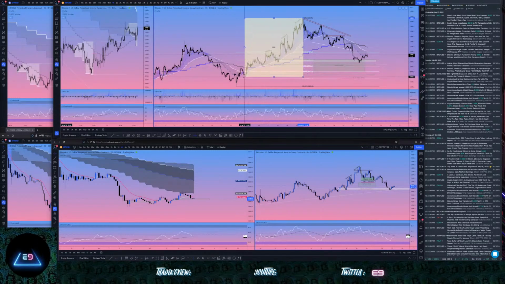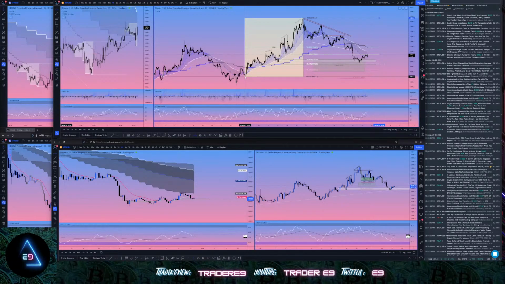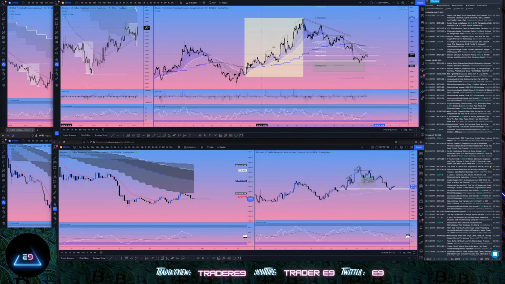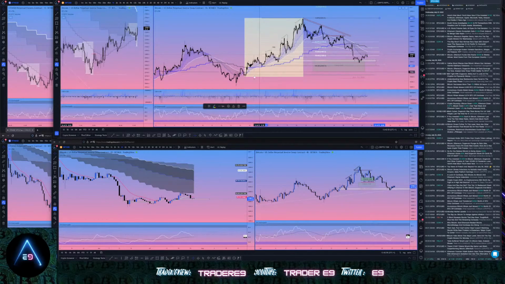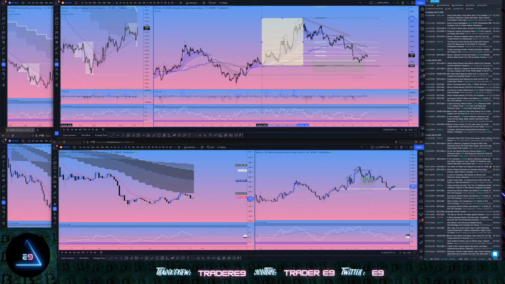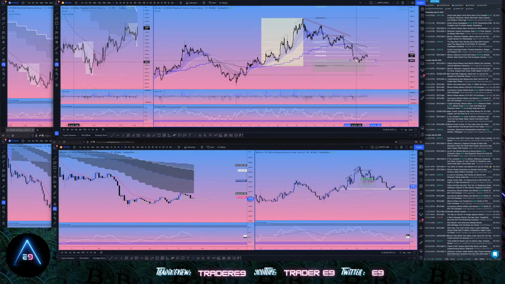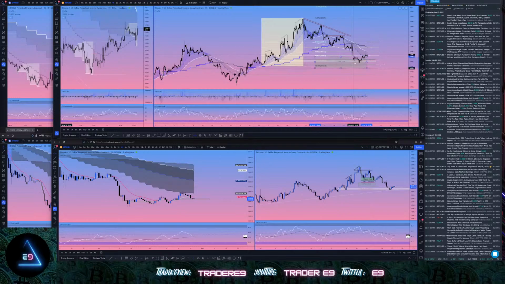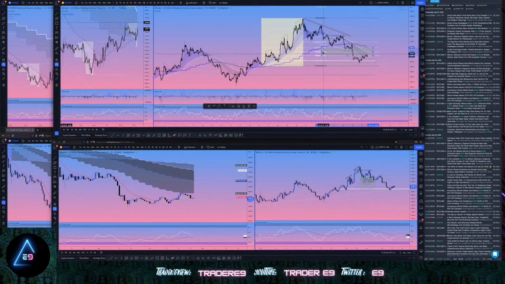There's a couple of different Fibonacci measurements. One was here. One was here. Actually, yeah, this was one. I can tell by the divergences.